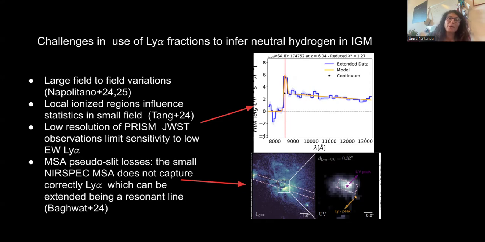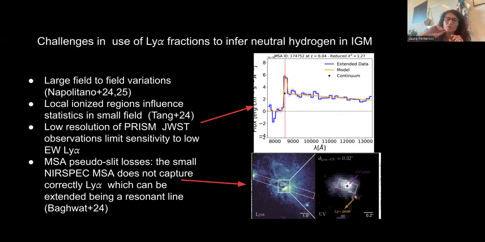Unfortunately, so far, most of the JWST observations have been obtained with low resolution, which means that we're not very sensitive to low equivalent width Lyman alpha emitters. I will probably talk tomorrow about the spectroscopic capabilities of JWST. And finally, JWST observes these Lyman alpha emitters through very, very small pseudo slits.